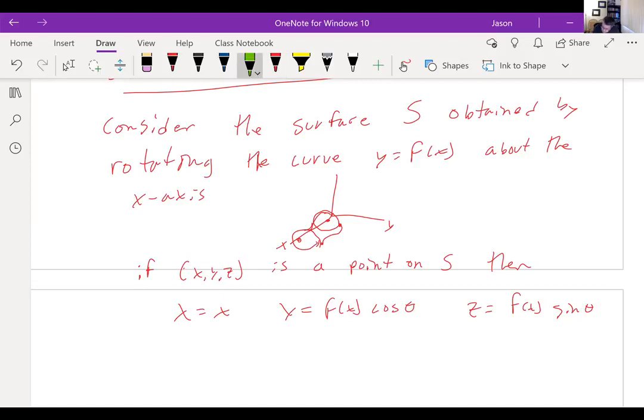We have a point on the surface, x, y, and z. And we're rotating through an angle, theta, right? So we're rotating through this angle, theta.